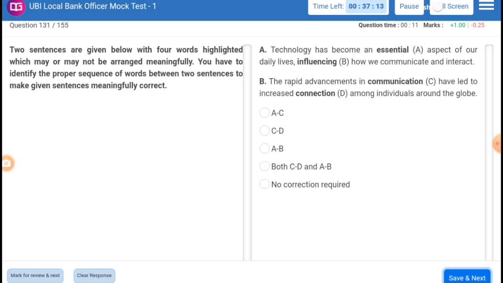Technology has become an essential aspect of our daily lives. The rapid advancements in.